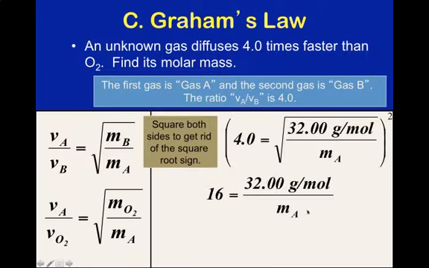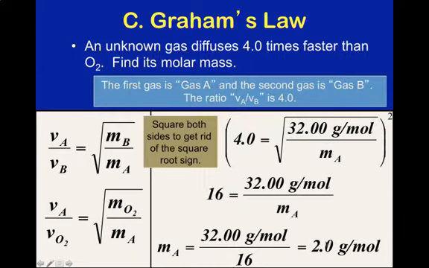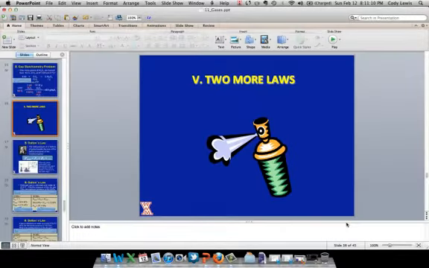We do that by multiplying both sides by mass A. Then we divide by 16 and move it to the other side. So the mass of the gas is 2.0 grams per mole. That would tell me that this gas is probably going to be hydrogen. And that wraps up those last two laws.